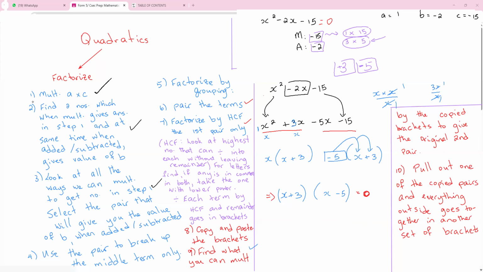So that means in order for this to be equal to 0, either x plus 3 is equal to 0, or x minus 5 is equal to 0.